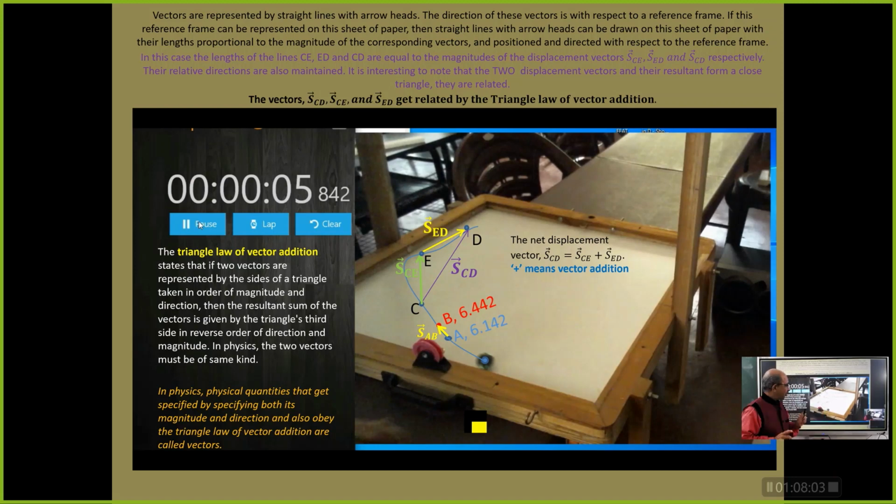What is it? Now you see, in this case, these vectors SCE bar, SED bar and SCD bar, or in terms of geometry, S bar is specifying the displacement. CE bar is specifying a vector. Here CE bar and SCE bar are one and the same, right?